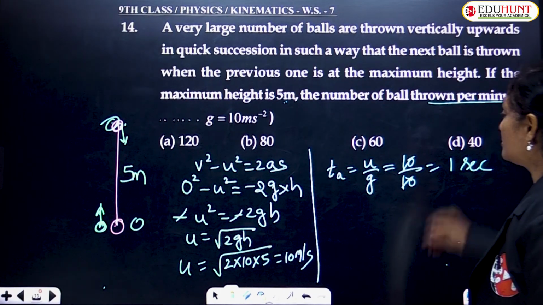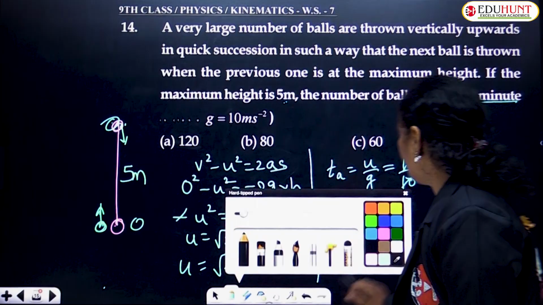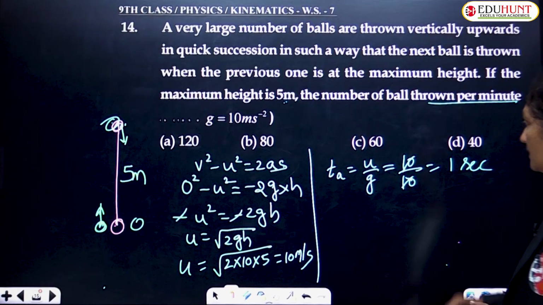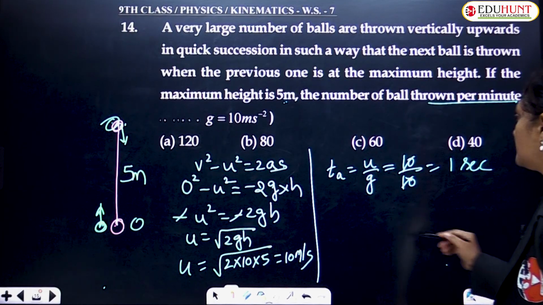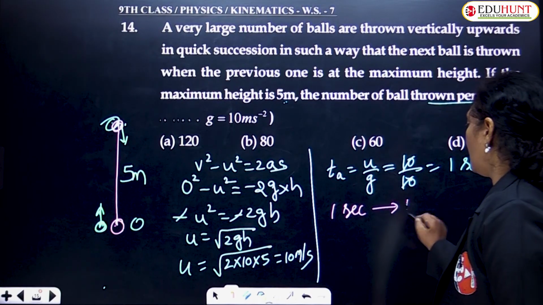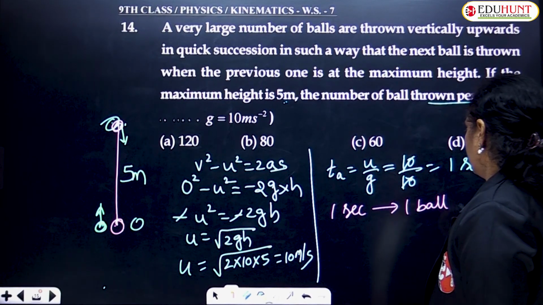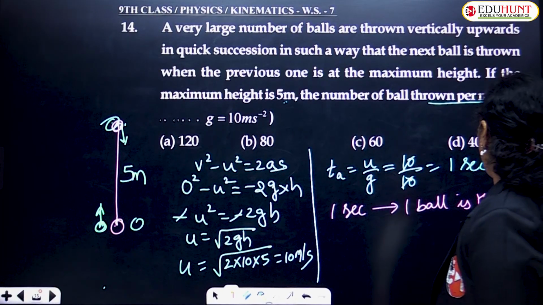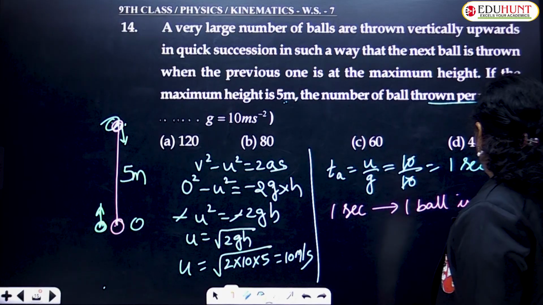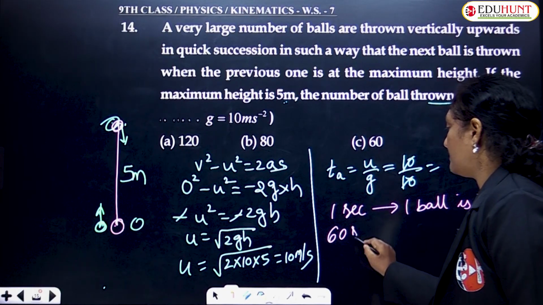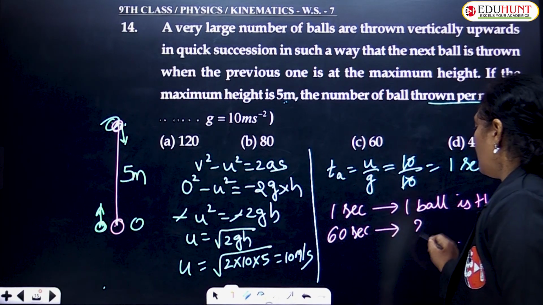But you are asked to find out how many such balls are thrown in 1 minute. So in 1 second, 1 ball is being thrown. In 60 seconds, 1 minute, how many balls are thrown?